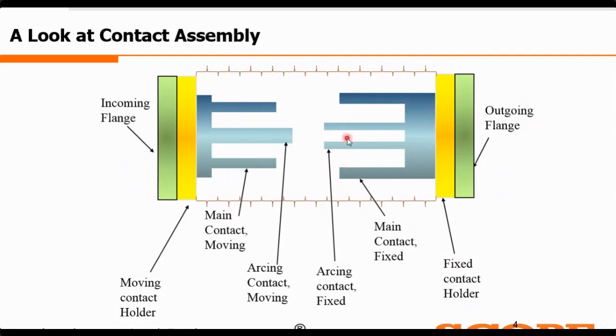Here the low resistance path is obviously the main contacts. So when all these contacts are closed and we inject the current, the current will go through the main contacts, we will have a voltage drop across the main contacts, and we will get the measurement of the main contact resistance. So this is the basic concept, and that's why I have kept this slide for the understanding.